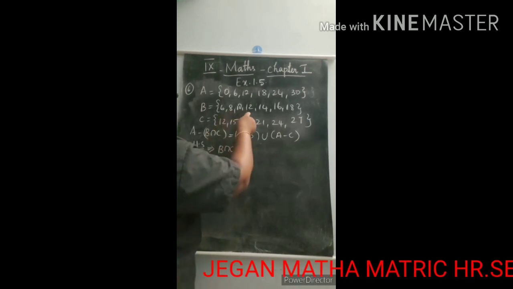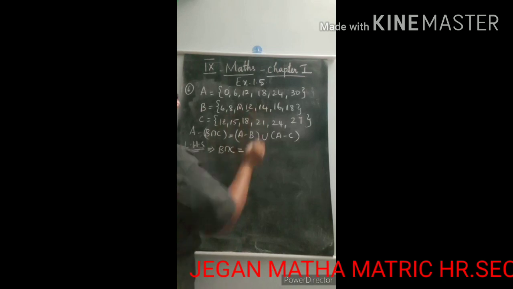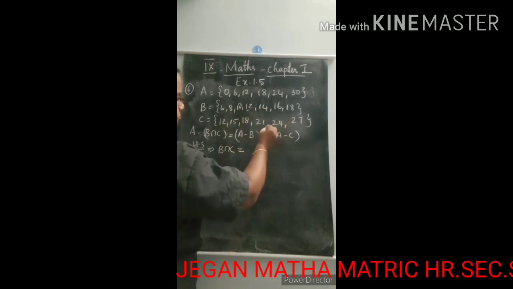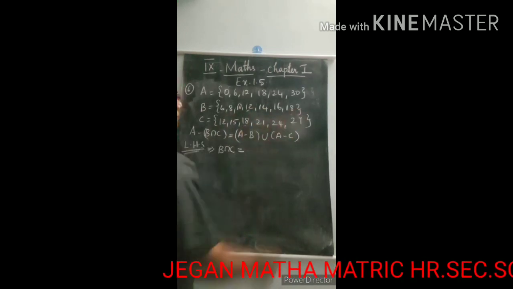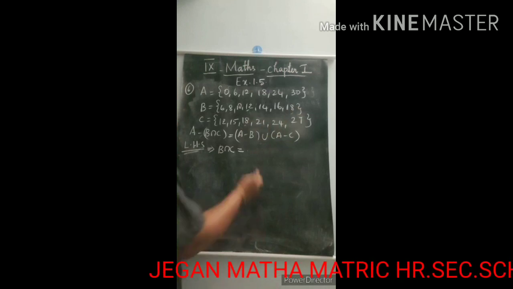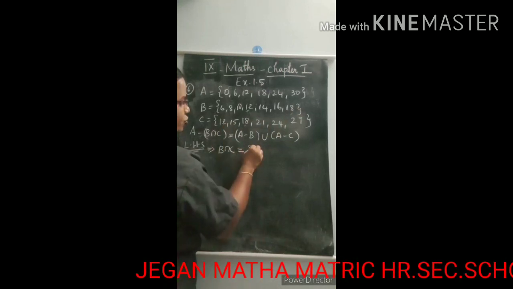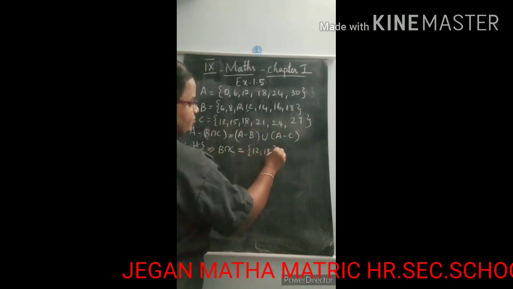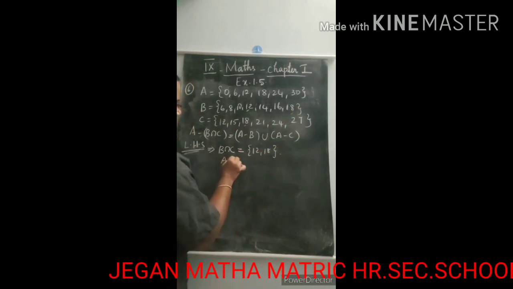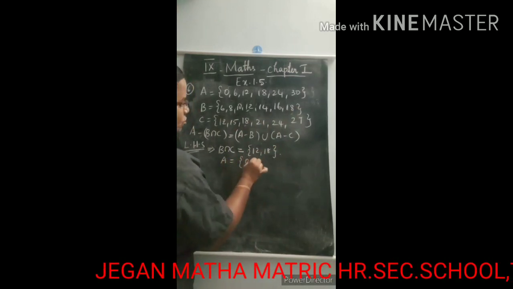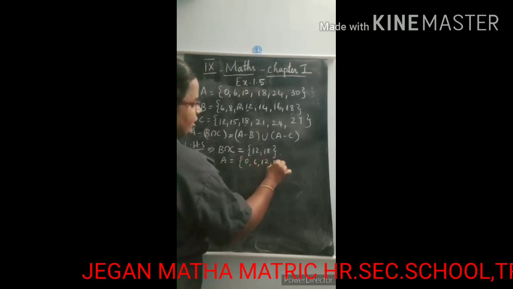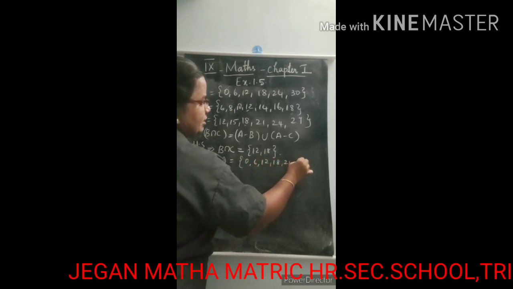12 and 18 are the only common elements for these two sets. So B intersection C is 12 and 18. And A is equal to 0, 6, 12, 18, 24, 30.